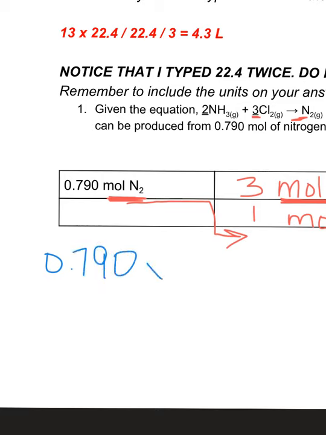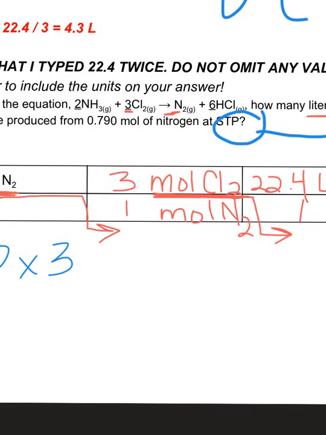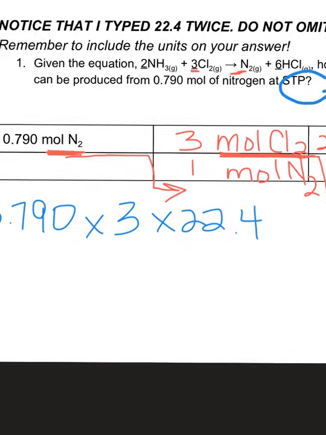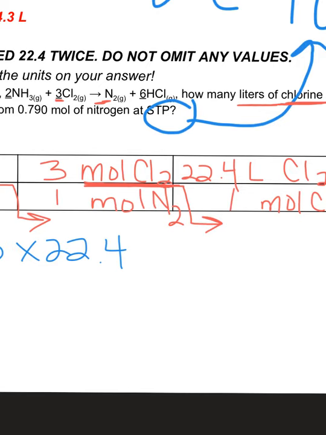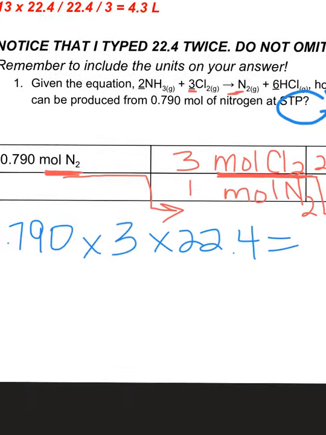Multiply everything across the top, so times 3 times 22.4, and divide it by everything that's on the bottom. Now on the bottom we just have a couple of 1s, so we don't have to put those in. Okay, so we just simply put our equal sign.